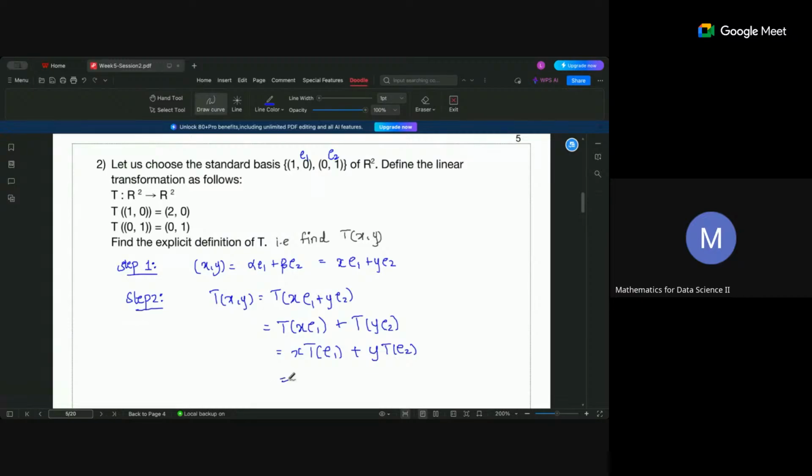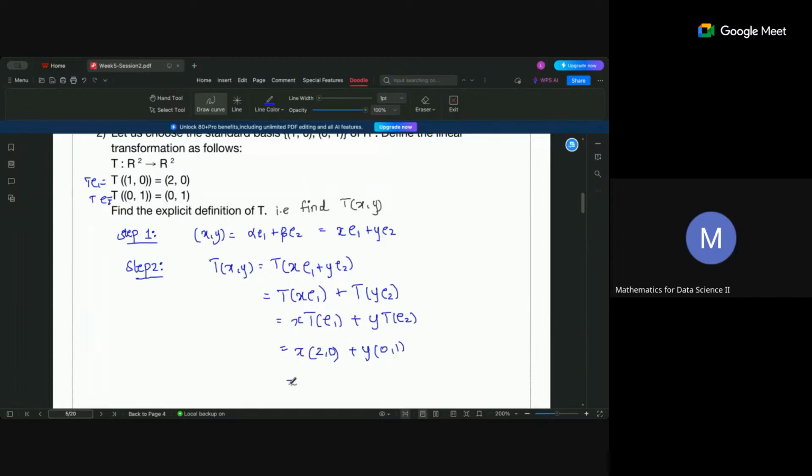Now what is T of e1? 2 comma 0. This is T e1, this is T e2, right? So y times (0, 1), which is nothing but (2x, y). So your T of x comma y is (2x, y).